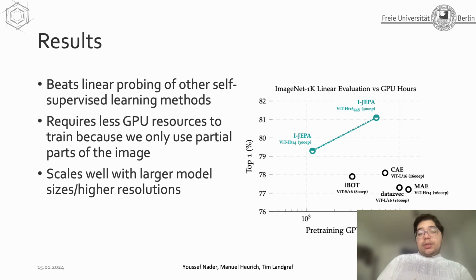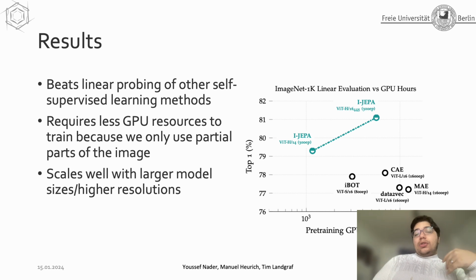So let's look at some results of these networks. We'll find that I-JEPA is, and I believe it might still be, the current state of the art in self-supervised learning. When you look at linear evaluation, where you freeze the context encoder and just fit a linear layer on top to predict the classes, I-JEPA approaches 80% with the smaller model, and breaks 80% with the larger models, which is a huge feat for a self-supervised model.